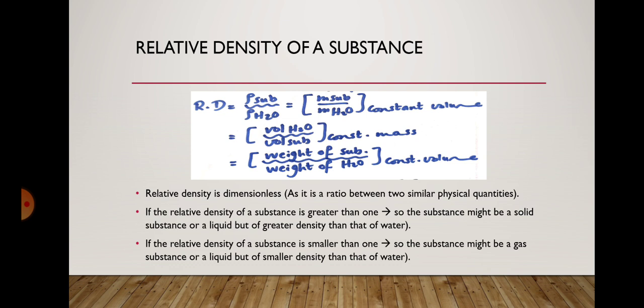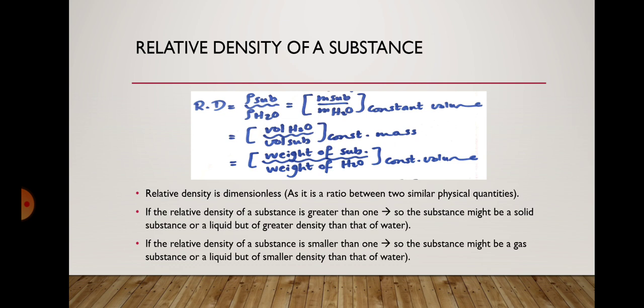You know, of course, that the weight of any substance equals mass times g, where g is the acceleration due to gravity, and the unit of weight is the Newton. Relative density is dimensionless; it has no measuring unit, as it is the ratio between two similar physical quantities.